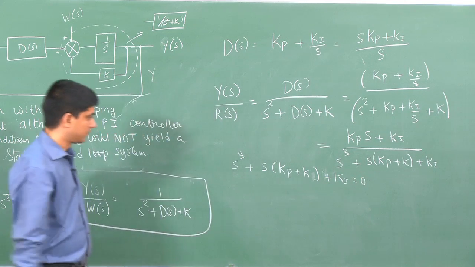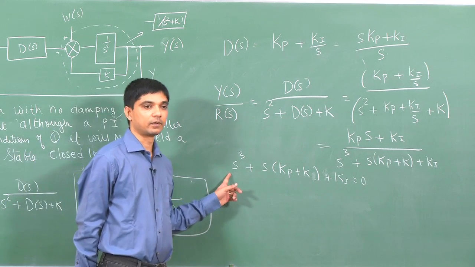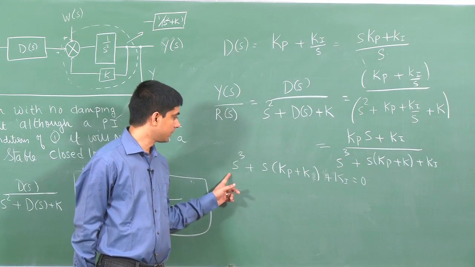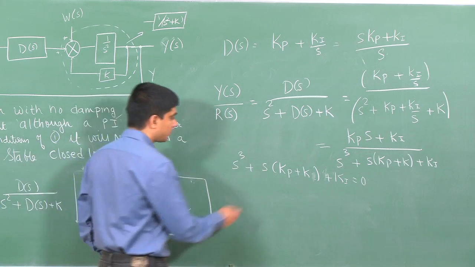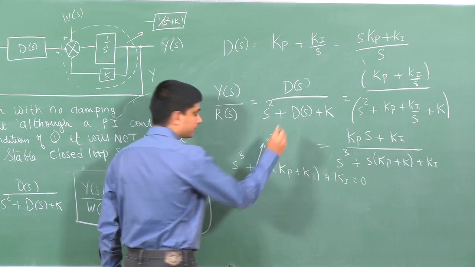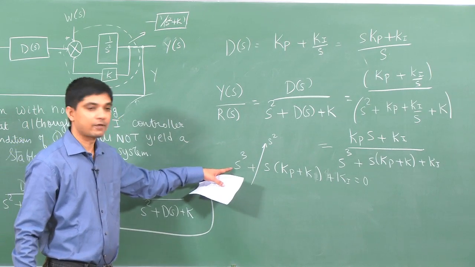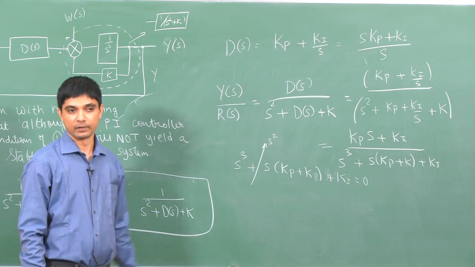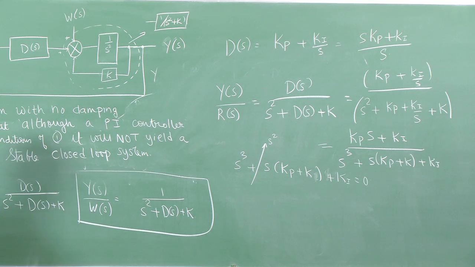I do not even need the Routh table to say that this is always unstable, for whatever values of k. There is no s squared term here. As long as that is missing, you will never have a closed loop system that is stable. As a little exercise, you can convince yourself by drawing the Routh table.